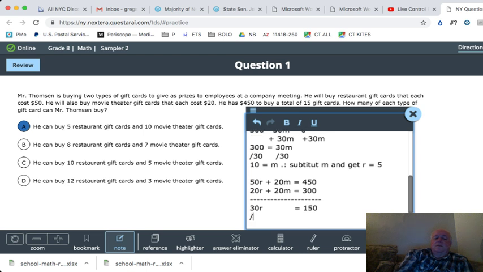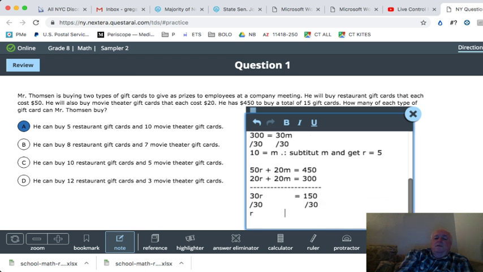So now to get R by itself, we're going to divide both sides by 30, and then we end up with R equals 5. And it plugs back into there, and in the previous example we figured out M and we got R. In this case now we have R, and when we plug it into the original two equations by substitution, we're going to find that M is 10.